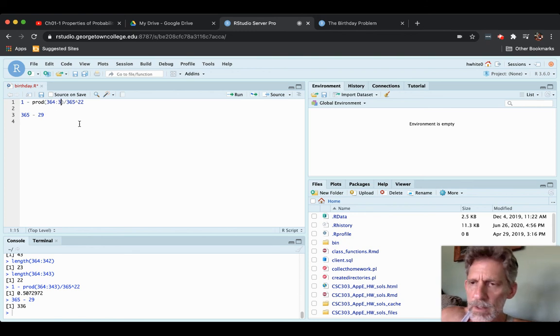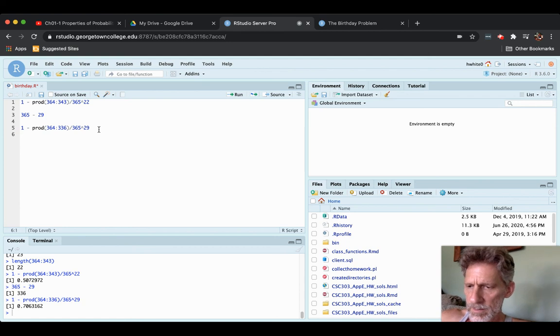So I'll copy this and write in a 336. And 30 people, 29 events this time, so I need to raise to the 29. And 70%. So if you've got 30 people in the room, there's over a 70% chance that at least 2 have the same birthday.